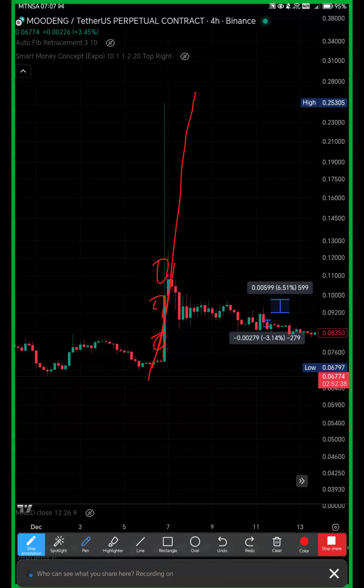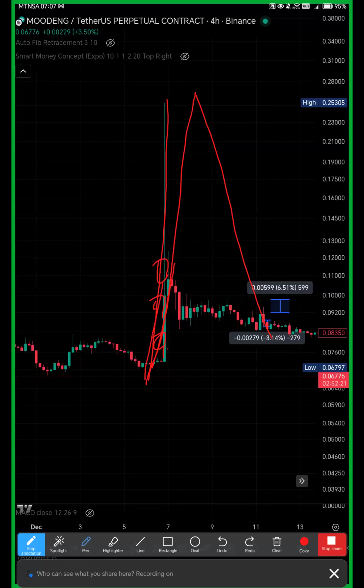Watch out for a rapid fall. You will see that that candle is going to fall again. There is going to be a massive sell because there was a massive buy. When people make a huge amount of profit, automatically for that profit to be realized, they are going to sell.